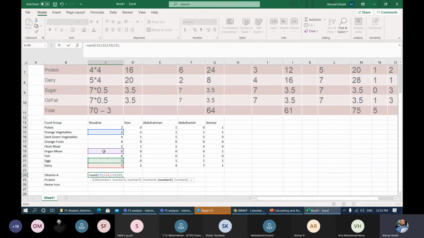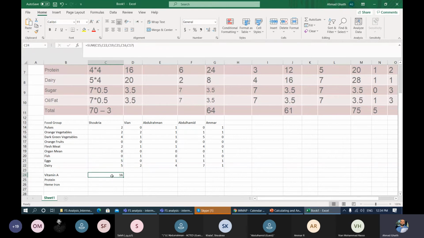Same with fish, it's not available in the fish meat that you eat. But we're going to add also dark green vegetables and orange fruits. So these ones are going to compose vitamin A.